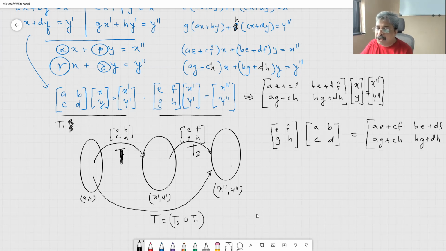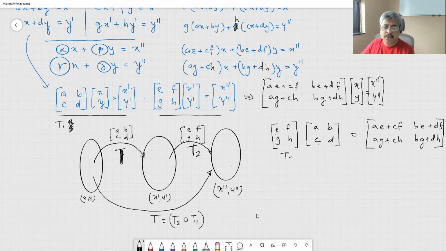And that is why this multiplication rule is row into column: E into A, EA, F into C, CF, first unit, E into B plus F into D, second unit, third, fourth.